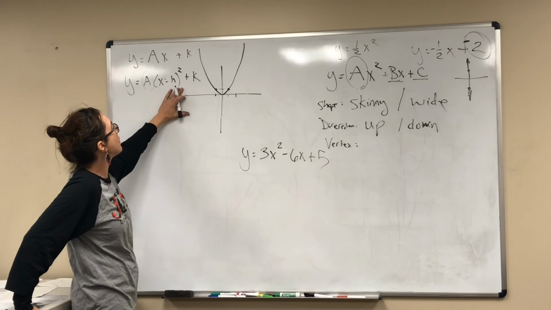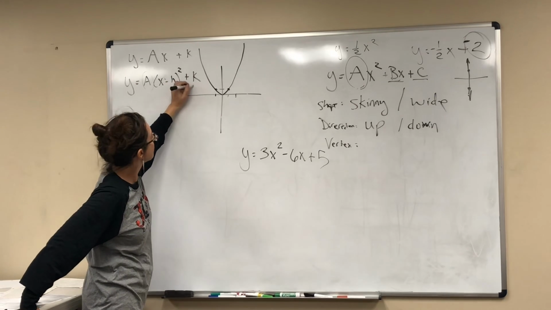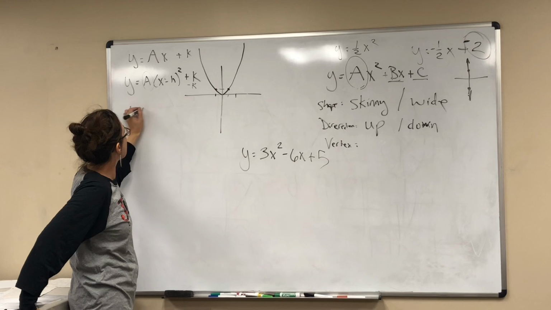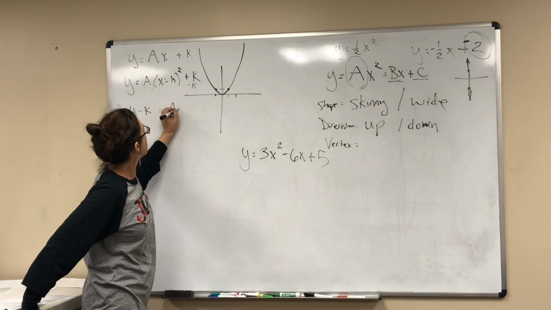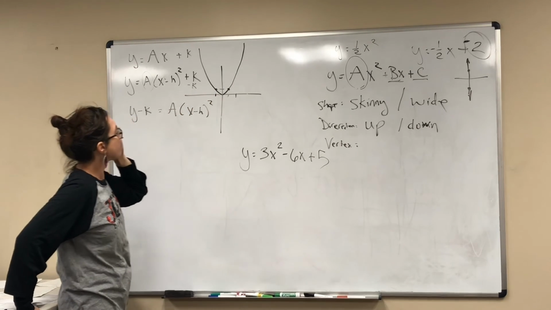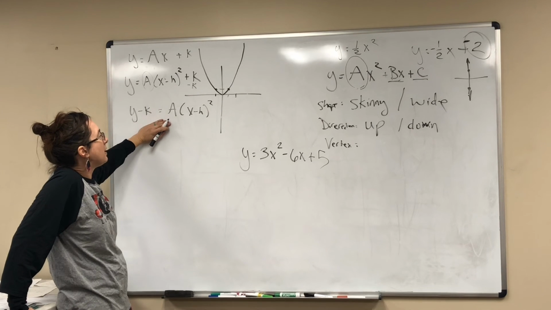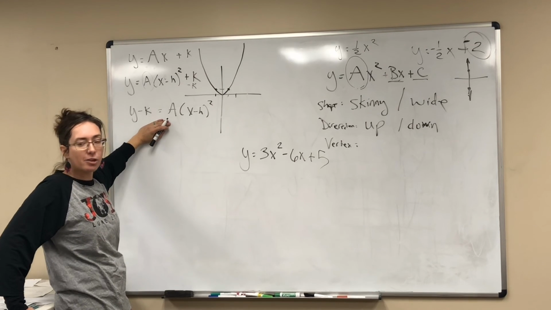So if I was going to put my k with my y value, what would I do? Minus the k over. Minus a k. Now I have y minus k equals whatever my number is, x minus h squared. It also helps me remember that I don't have to switch one sign and keep another sign.